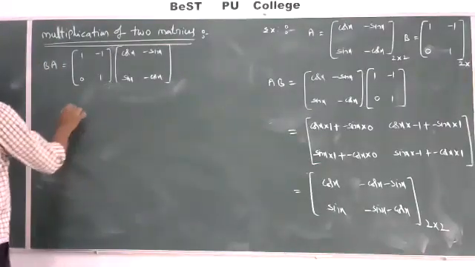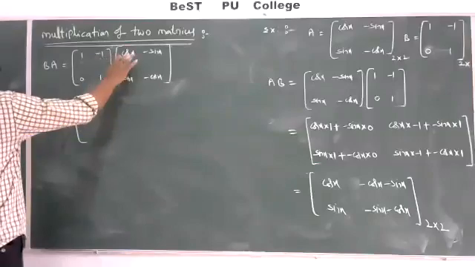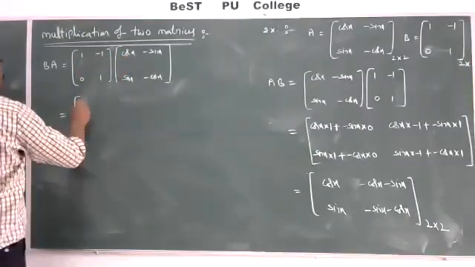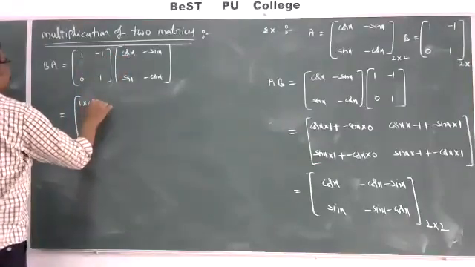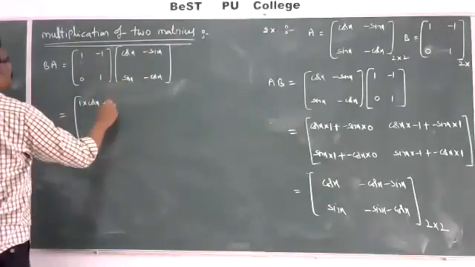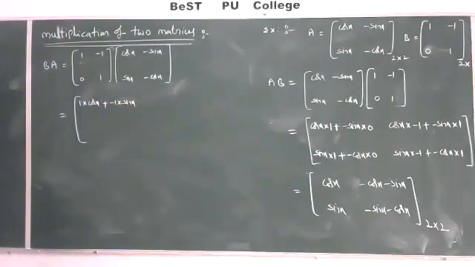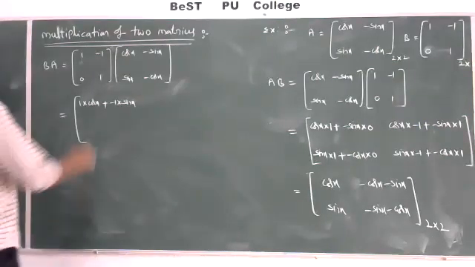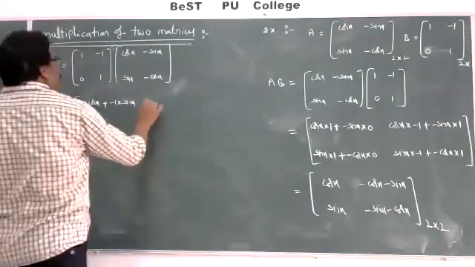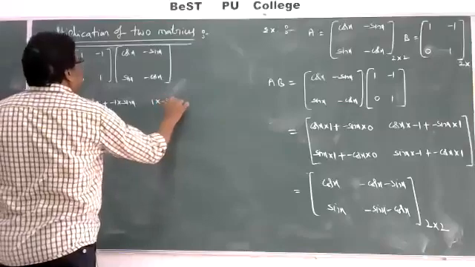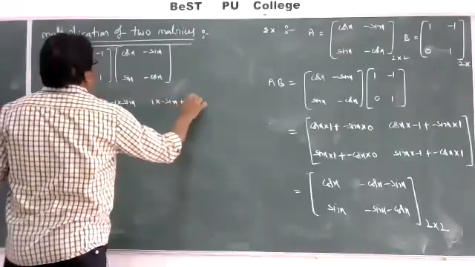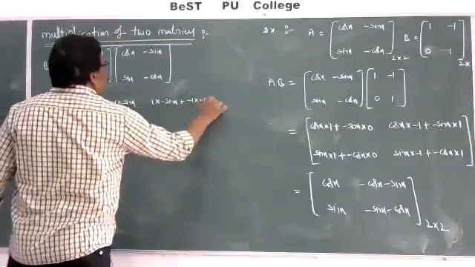Then multiply this, that is first row, first column: 1 into cos x plus minus 1 into sin x. Then first row, second column: 1 into minus sin x plus minus 1 into minus cos x.